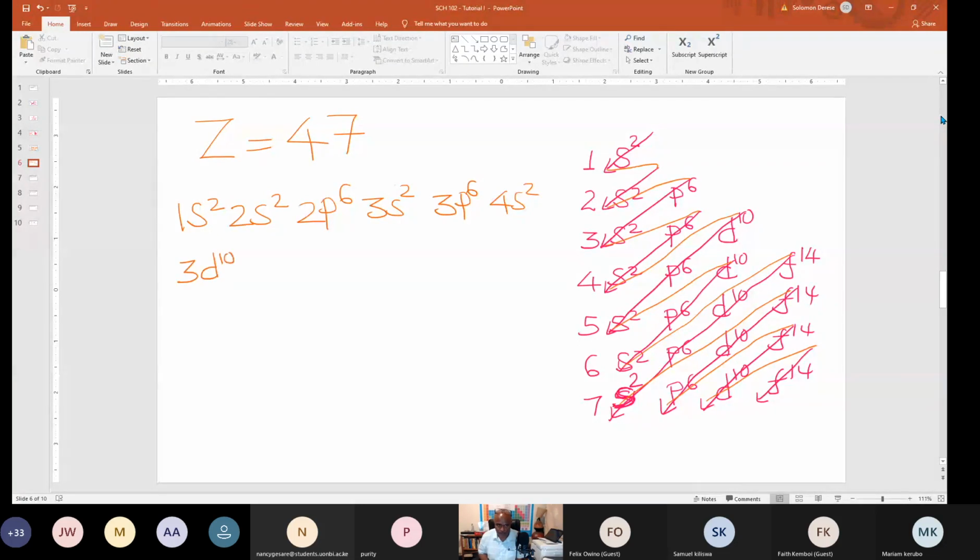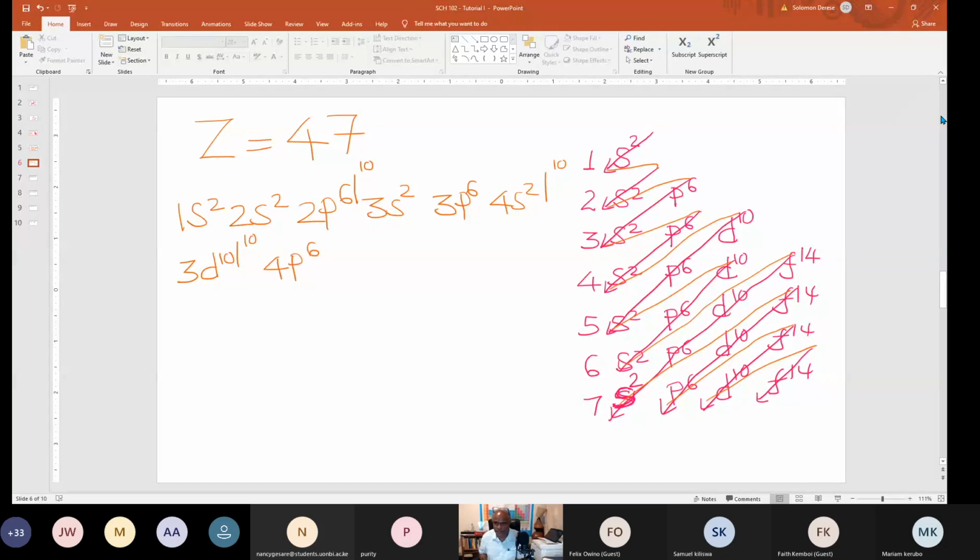Now I want us to count. This is 10, another 10, another 10. We have reached 30, okay? So 3d10. After 3d10 is 4p6.